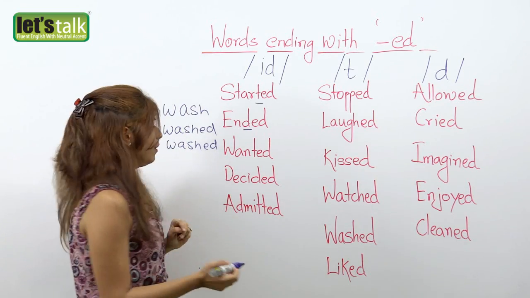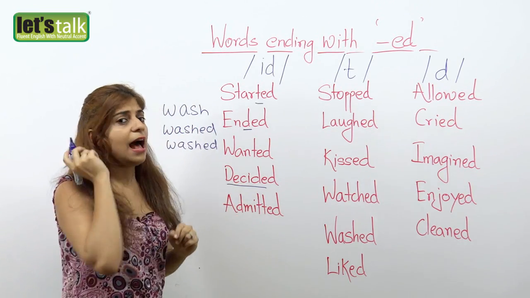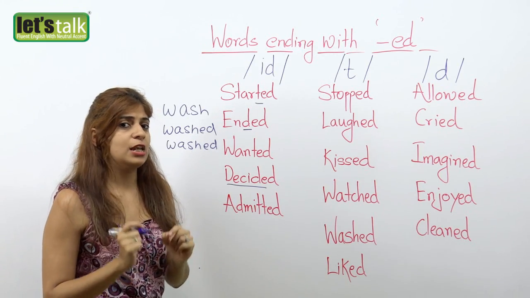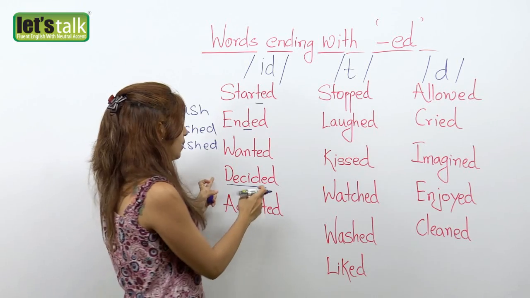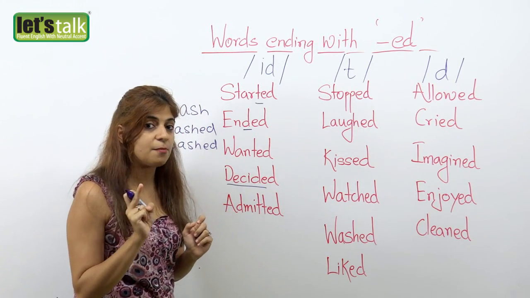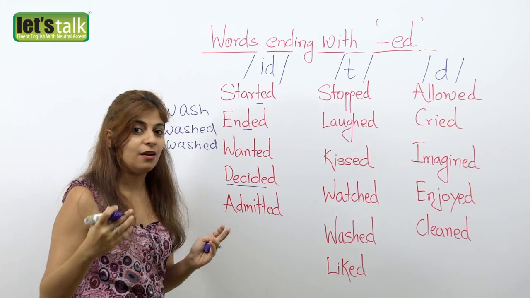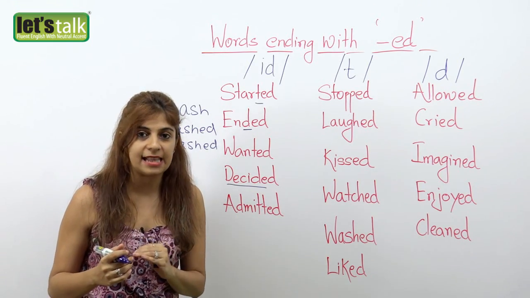Now, if you look at the verb decide, as I mentioned, do not look at the letters but concentrate on the sound. Even though the word decide ends with the letter e, we do not pronounce it as decide, right? The last sound that comes is the d sound, right?